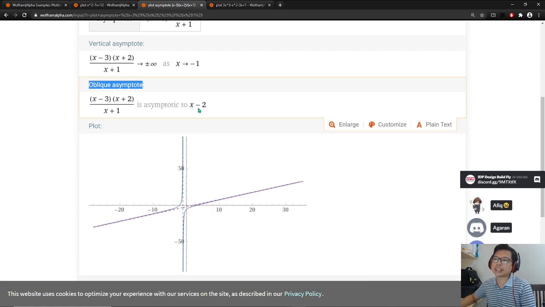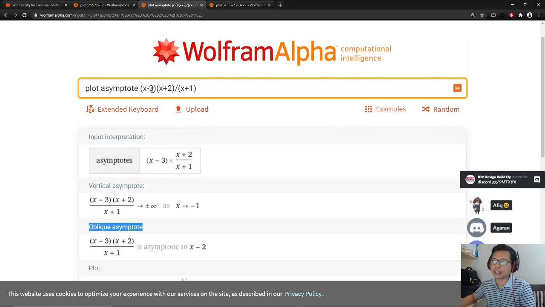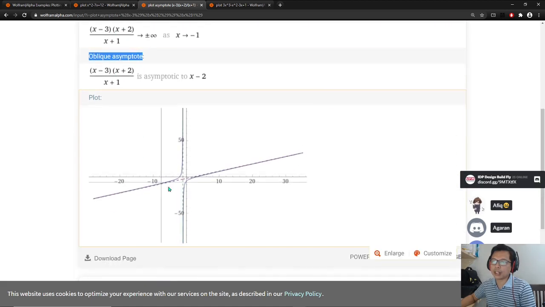It is asymptotic at x minus 2. So if you plot this x minus 2 line, the function here will not reach that. So in this function, x minus 3 times x plus 2 over x plus 1, it will never reach this asymptote.